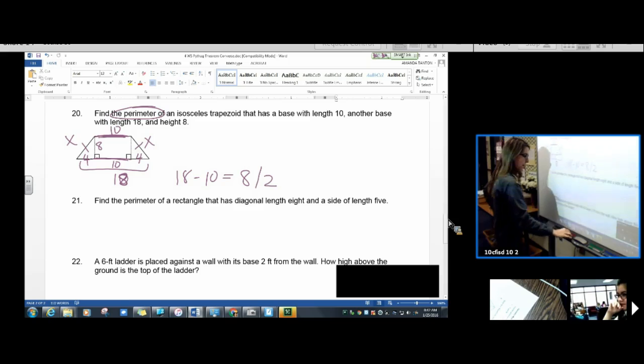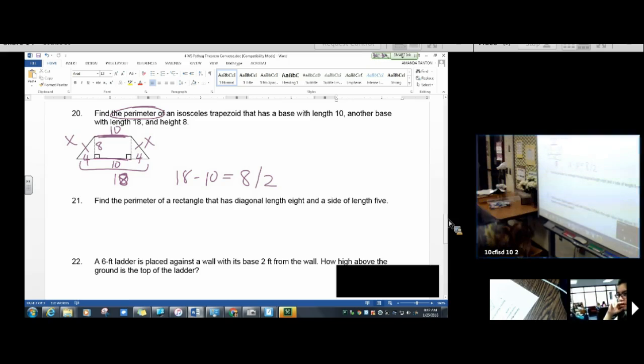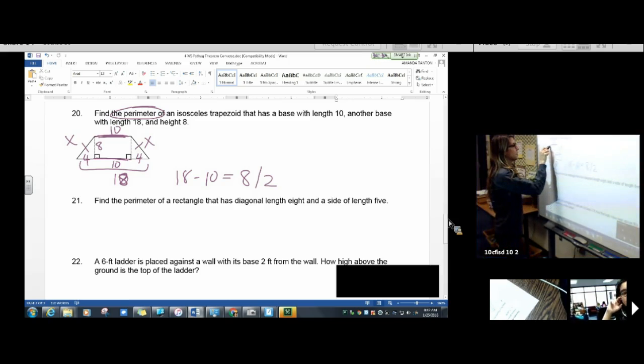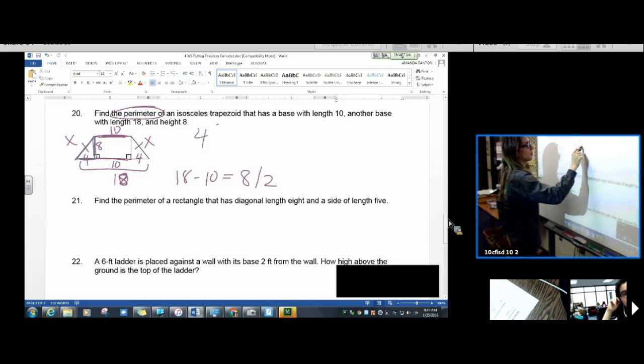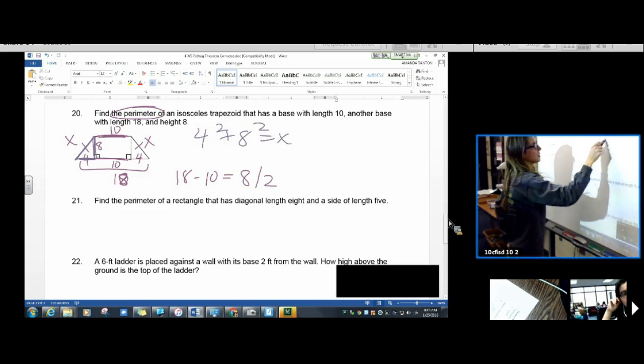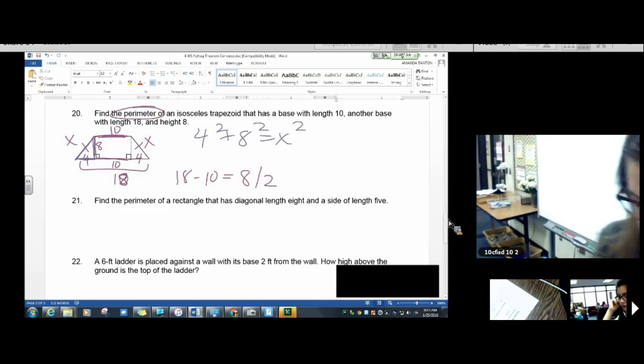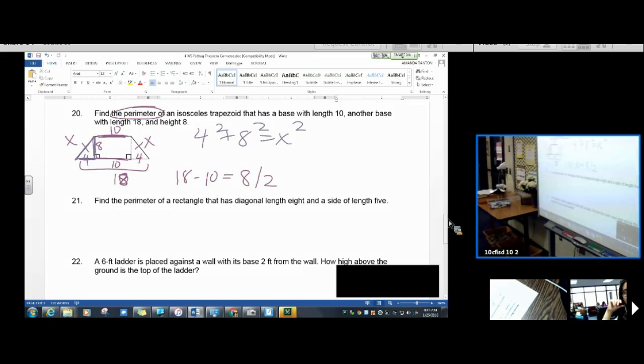So now I'm going to look at this triangle right here. I'm going to do Pythagorean theorem with this triangle. A squared plus b squared equals c squared. So I'm doing 4 squared plus 8 squared, and I'm getting 80.